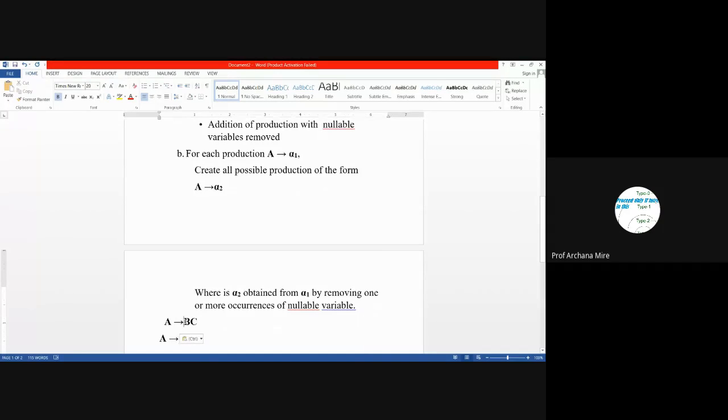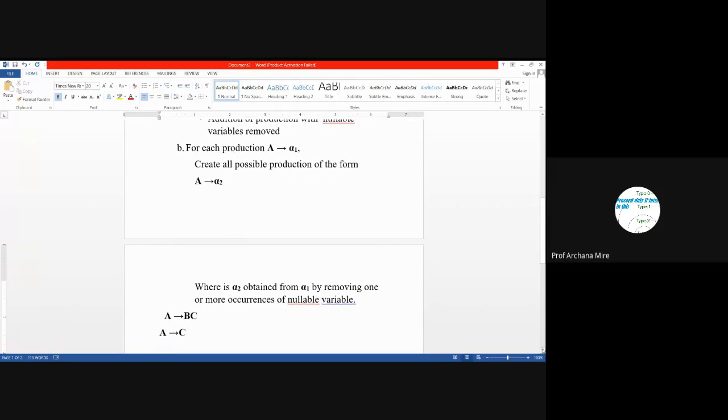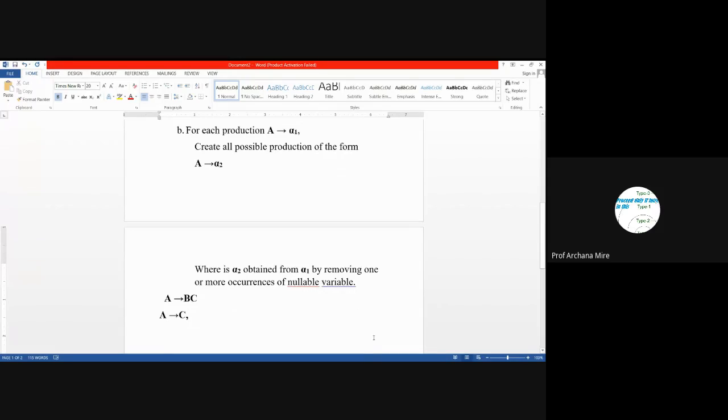First, we will remove this B and insert the production rule A leads to C. Then we will remove this C and insert the production rule A leads to B. So this production rule will also remain in our grammar, but along with that we will be inserting two new production rules. One is A leading to C and another is A leading to B.